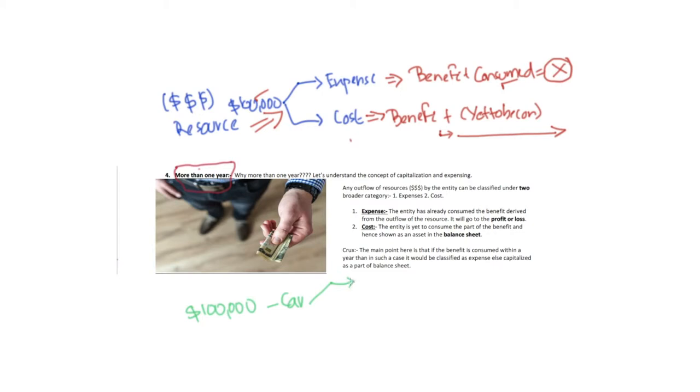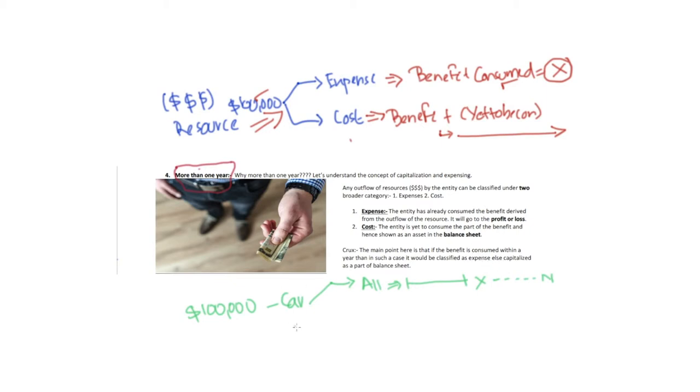Now, ask yourself, did you consume all the benefit associated with the car within a particular period of time? No. You can get the benefit for n number of years in the future, maybe 5 years, maybe 10 years.